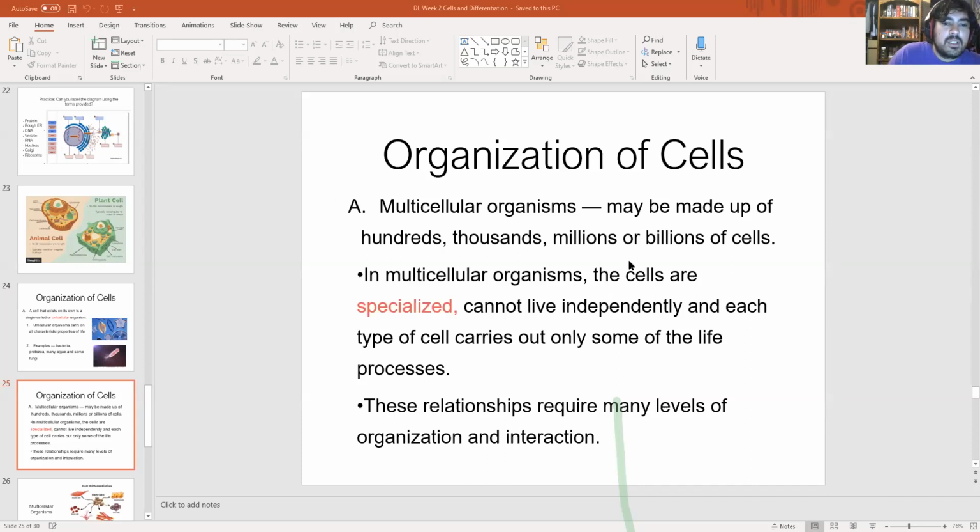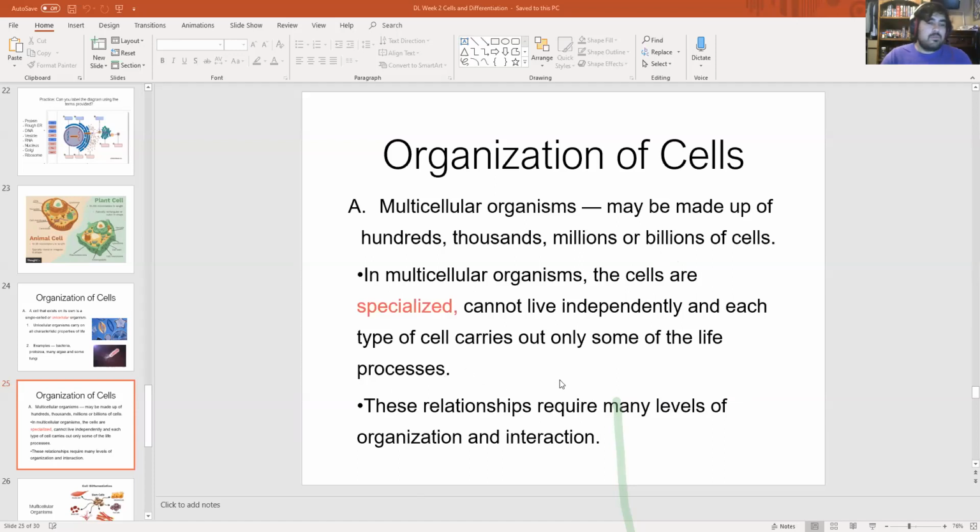So the cells are specialized. They cannot live independently. So like our blood cell, it can't live independently, right? Our muscle cells can't live independently. Each of them is doing a certain job. These relationships require many levels of organization and interaction. Okay.